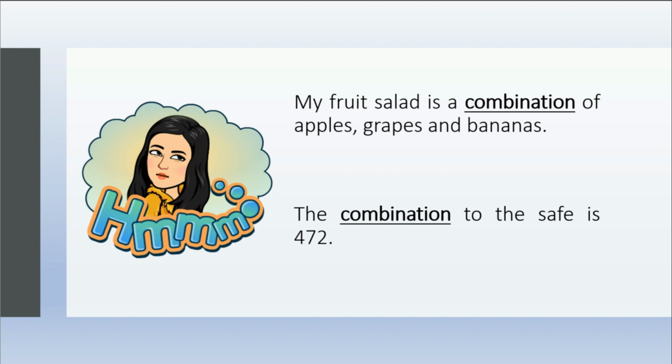And we also have the combination to the safe is 4, 7, 2. If we dig deeper, in the sentence, my fruit salad is a combination of apples, grapes, and bananas, we don't care what order the fruits are in. They could also be bananas, grapes, and apples, or grapes, apples, and bananas. It's the same fruit salad.